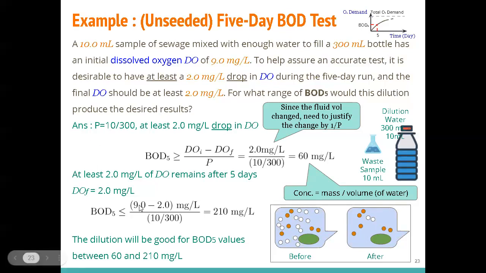And also they are giving you the initial and final dissolved oxygen level, and the dilution fraction in here. So it should be larger than 60 and smaller than 210 milligram per liter.